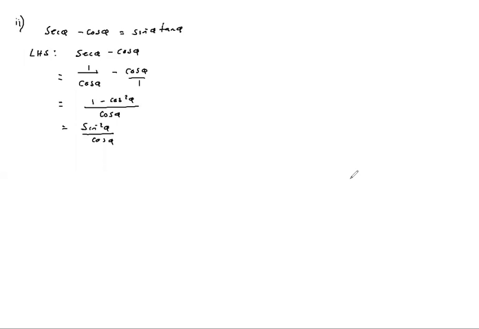There are no graphs of cosecant. Those graphs are not there in your course. So the sine is squared, so you can write it in this form: sin theta, and then divide by cos theta.